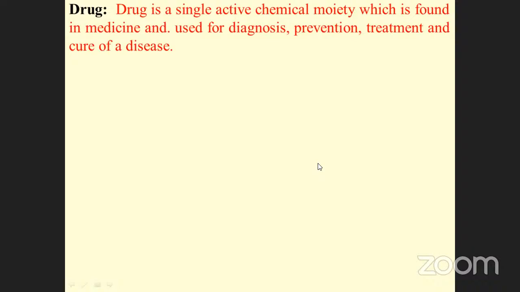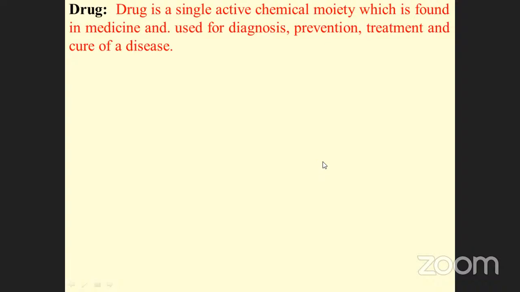The word drug is somewhat infamous because of narcotic drugs, but we, being chemists, should understand we are going to have a drug. According to WHO, a drug is a single active moiety found in medicine, and if used for diagnosis, prevention, treatment, or cure, we can call it a drug. So any chemical having a good purpose, any one of these purposes, is a drug.